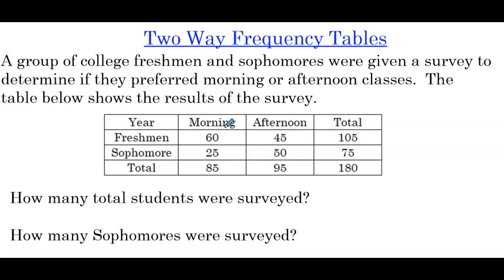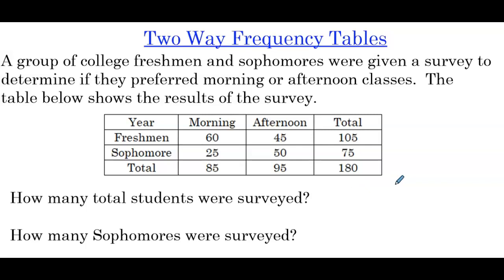Across the top, we have their preference on classes, so either morning or afternoon. And then you can see along the edges, we have a bunch of totals. So here we have the total number of freshmen, total number of sophomores. Then we have the total number of students that preferred morning classes, that preferred afternoon classes. And then the bottom right-hand corner is the total number of students that participated in the survey.